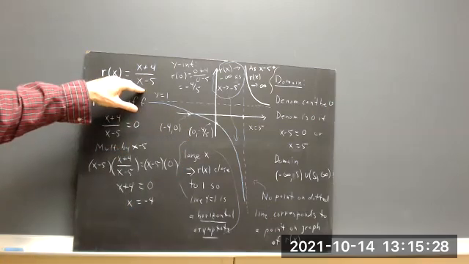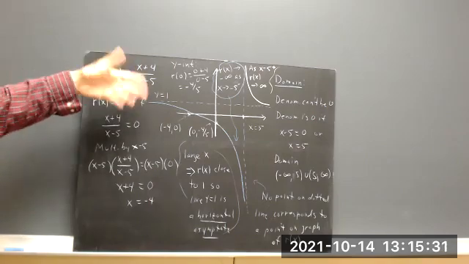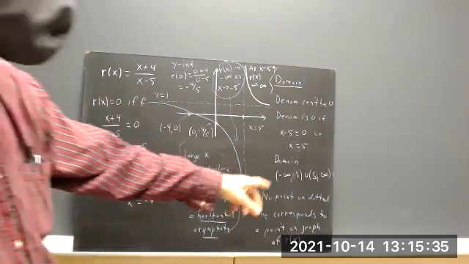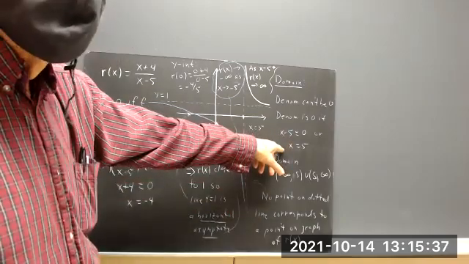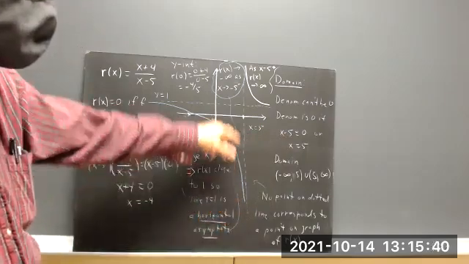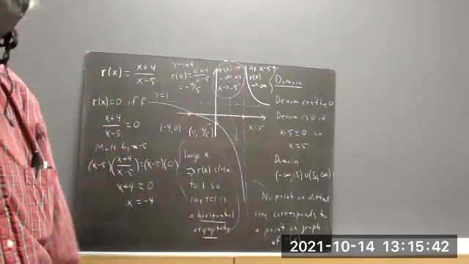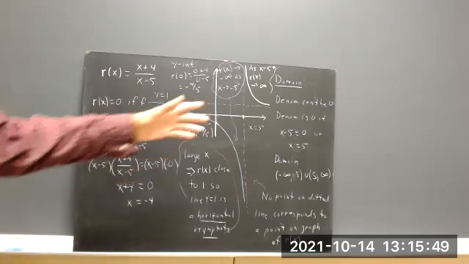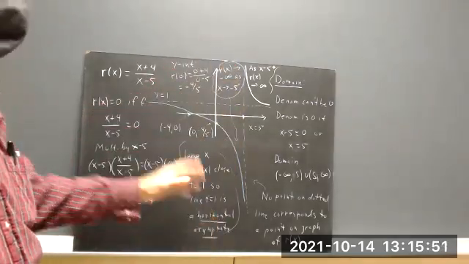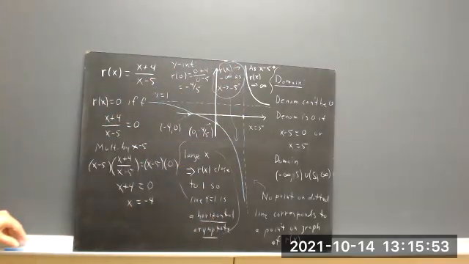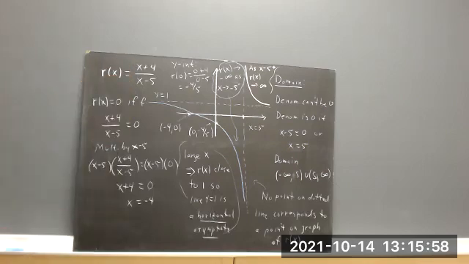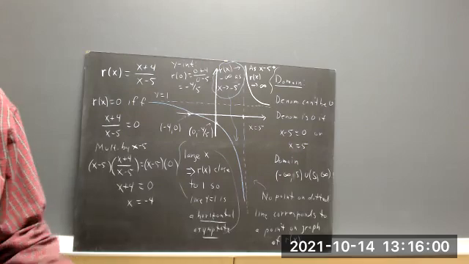A 0 in the denominator, as long as the numerator isn't also 0, is going to give you a point that's not in the domain, and that's going to give you a vertical line which the graph approaches. That vertical line is going to be an asymptote. Okay, let me do another example.